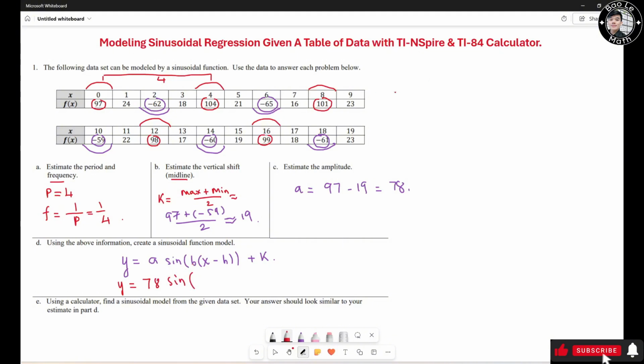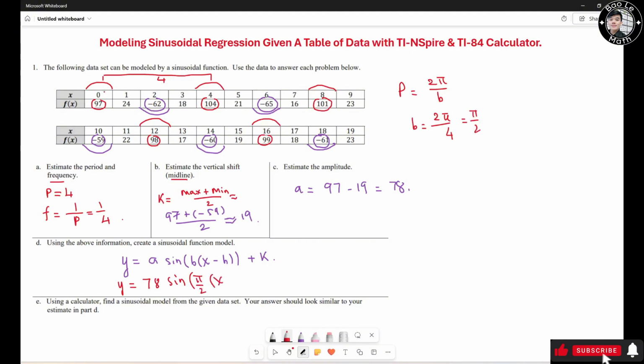We know that period equals 2 pi divided by b, so b equals 2 pi divided by the period, 4, so it could be pi over 2. So this guy should be pi over 2 times (x.